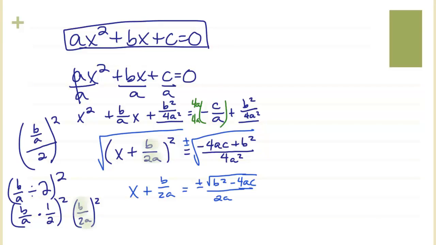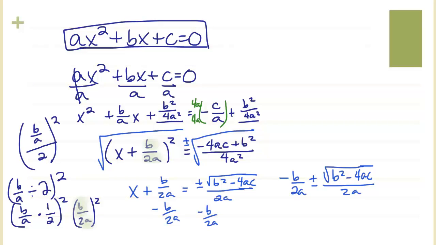This is starting to look familiar. I'm going to subtract b over 2a from both sides. They're not like terms. So I've got negative b over 2a plus or minus square root of b squared minus 4ac. That's also over 2a.